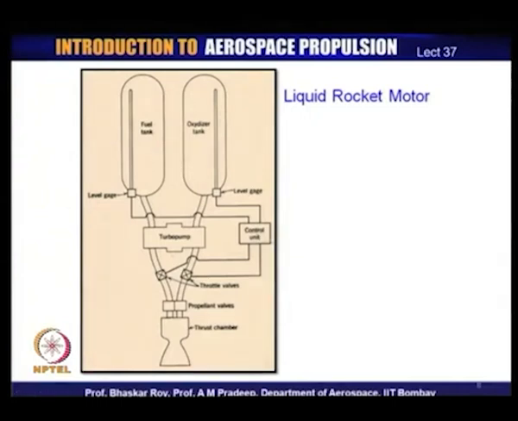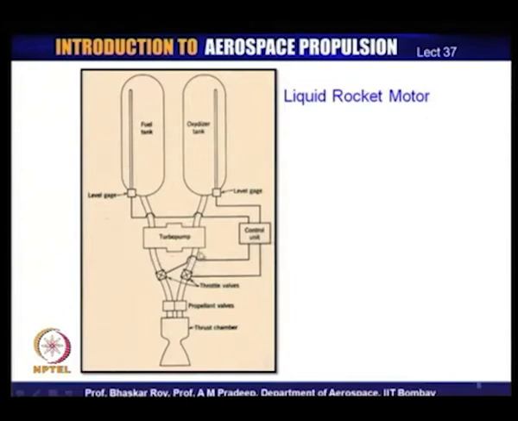You also need to carry the pumps, the throttle valves, all the pipings that are required, and of course the control unit that controls these pumps and throttle. So, you need to carry all this with you all the time during the rocket's actual flight, which means that other than just the combustion chamber, you are carrying the whole paraphernalia, including the tanks and the turbo pumps and so on.